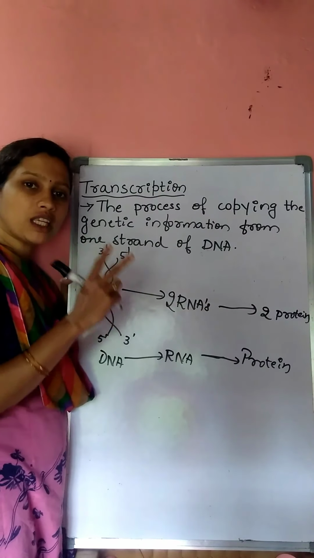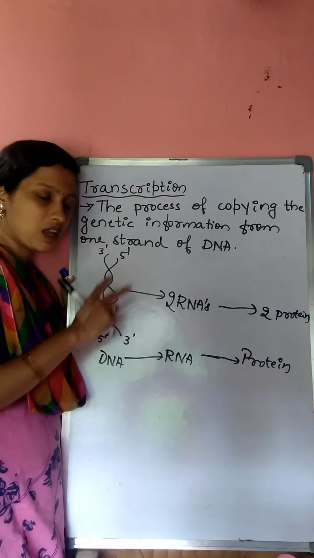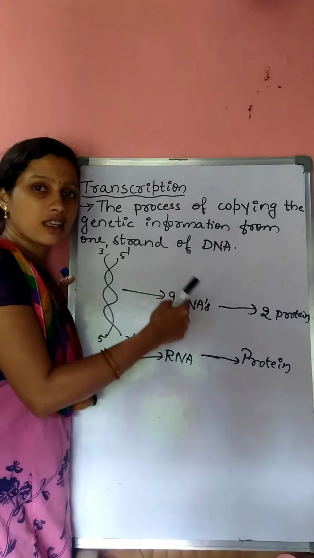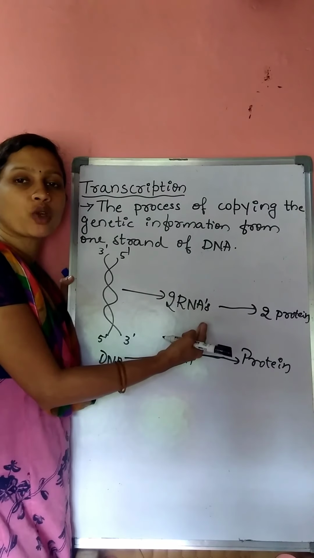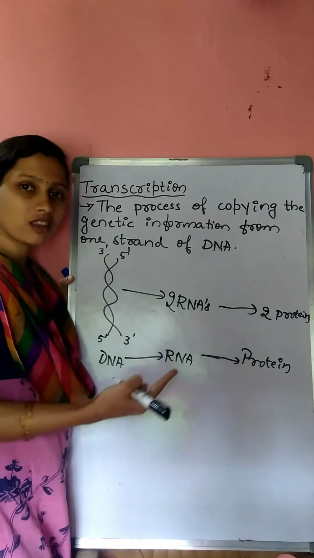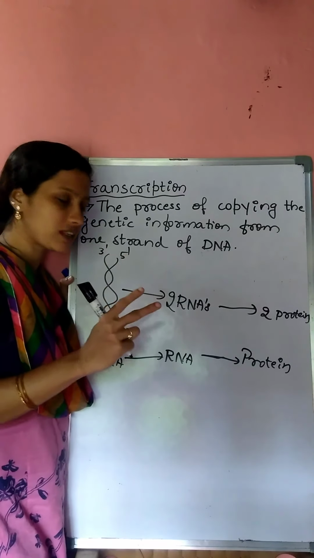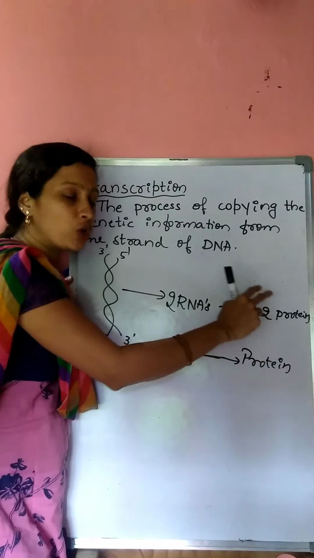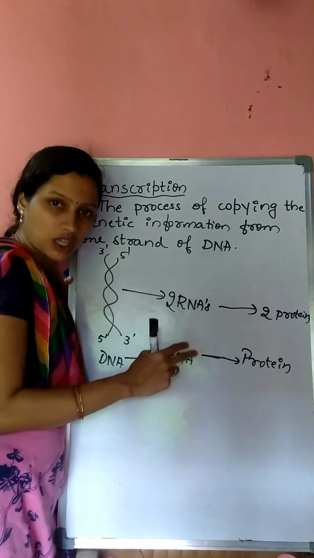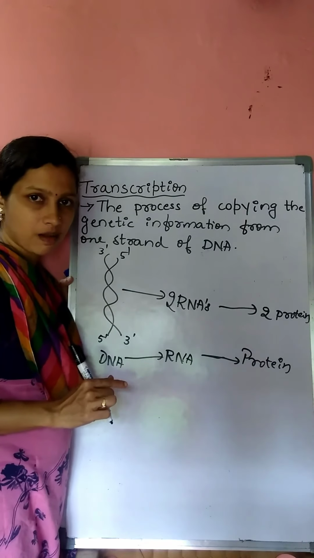If both the strands of DNA are involved during the transcription process, then it may synthesize two RNA molecules having different sequences, which may code for two different types of proteins. Protein is a chain of amino acids.